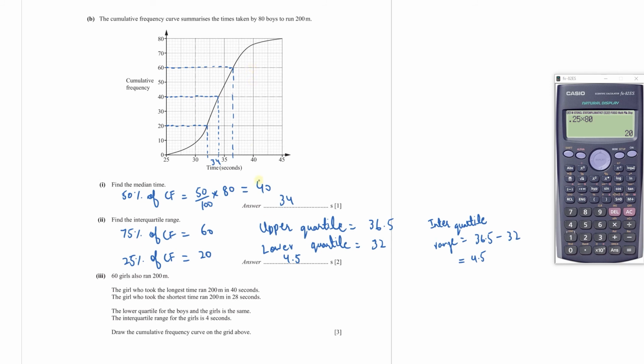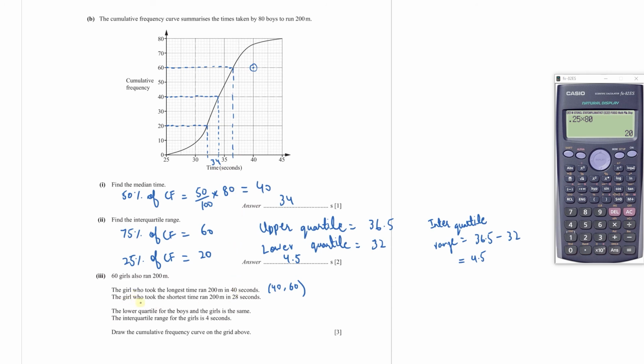So this point will be 40, and on the y-axis it will be 60, because once you reach 60 you have covered all the girls. So all the girls ran in less than or equal to 40 seconds. So the cumulative frequency at 40 will be 60. There's no girl who took more than 40 seconds to complete this race. So this is your first point.